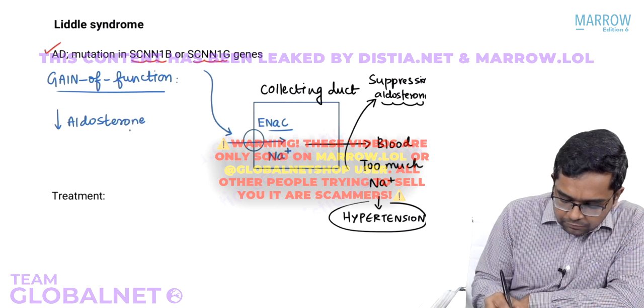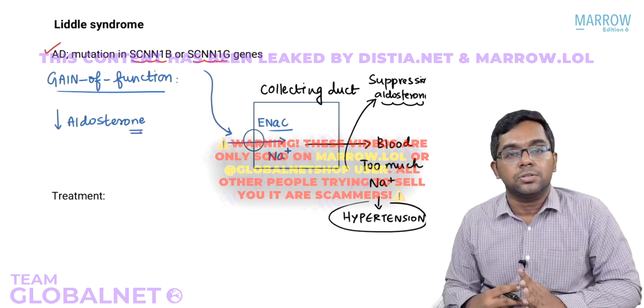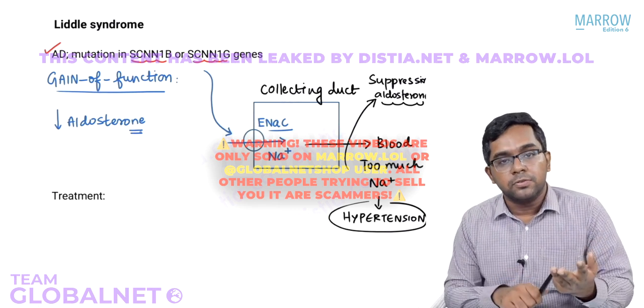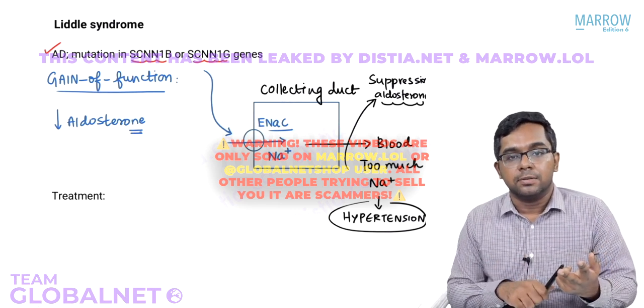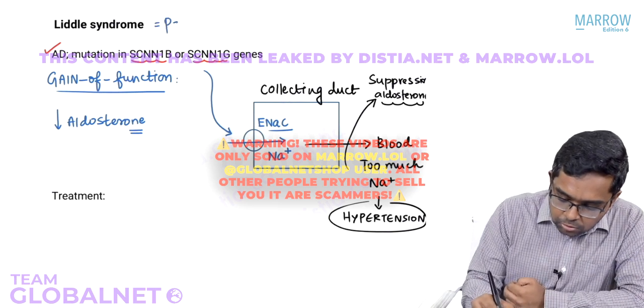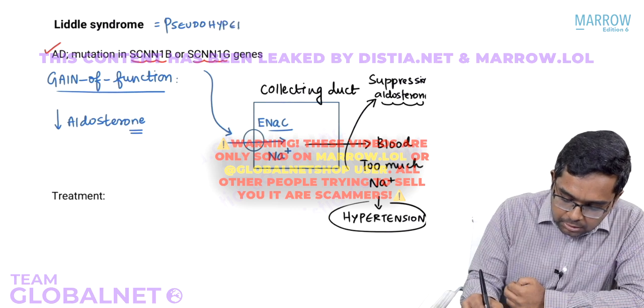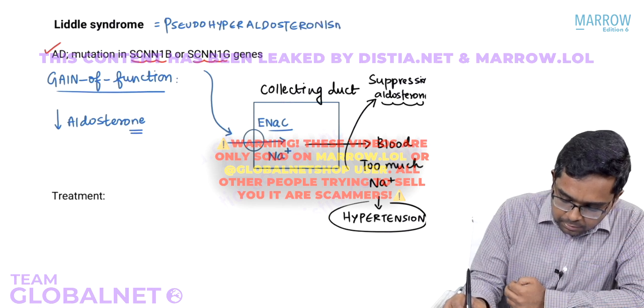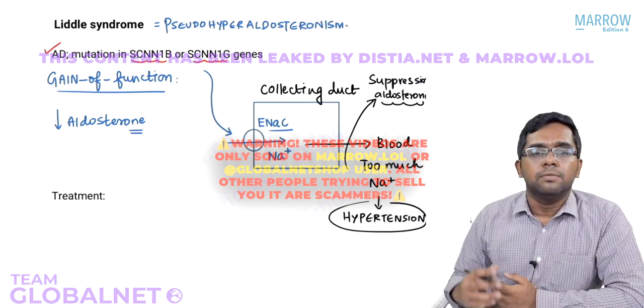However, you see features like those of increased aldosterone. How? In the form of too much sodium, in the form of hypertension. So that is why this condition is also called pseudohyperaldosteronism. Did you get that point? Okay, right. So that is about Liddle syndrome, which you need to know.